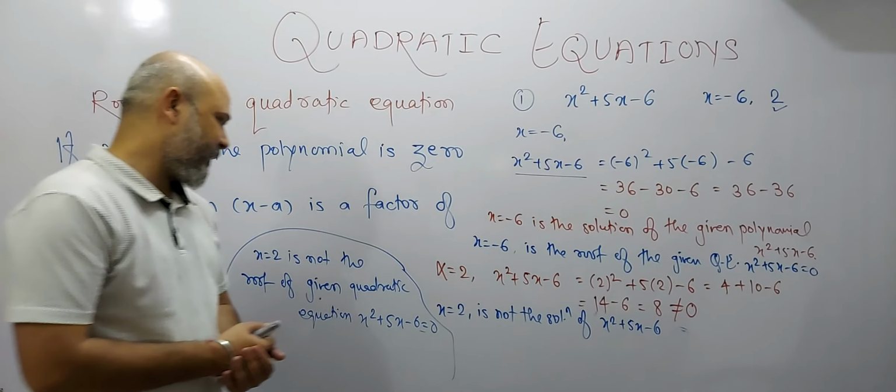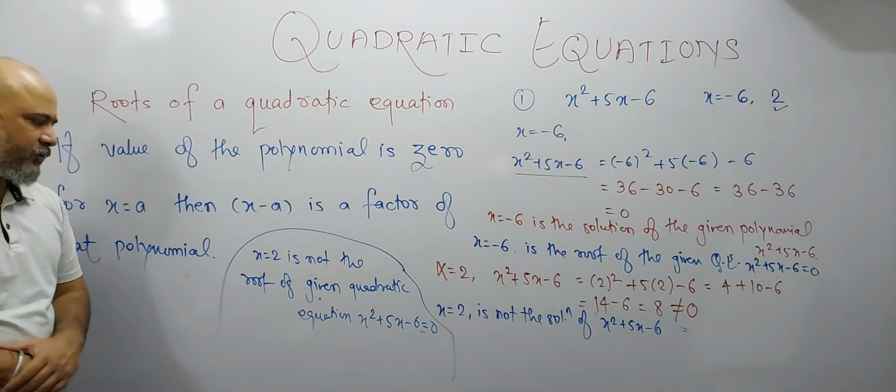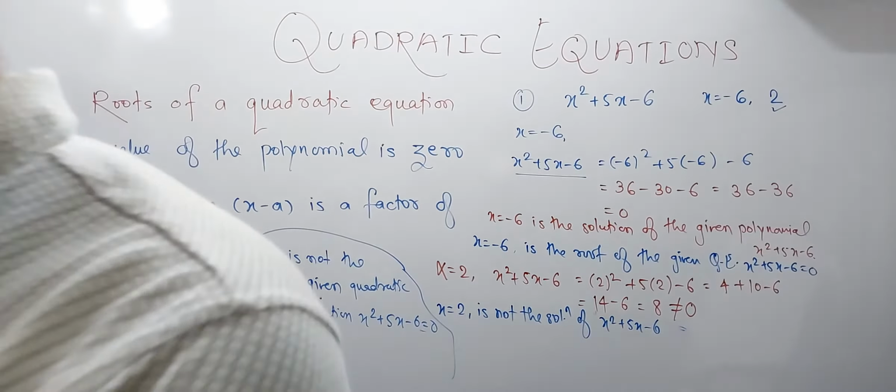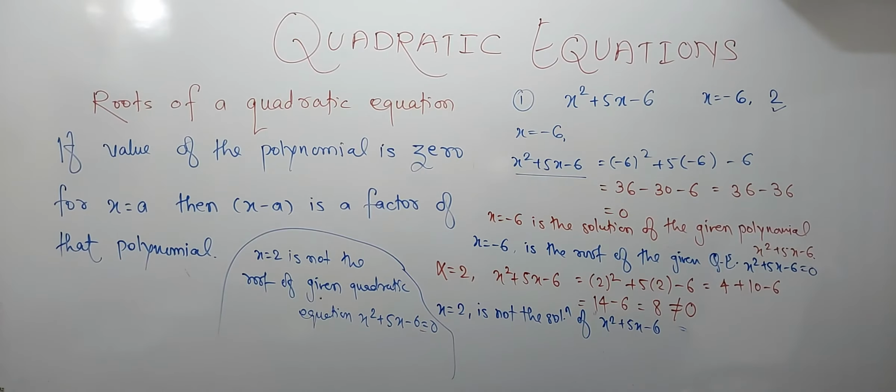Therefore we can say that x is equal to 2 is not the root of the given quadratic equation x square plus 5x minus 6 is equal to 0. Okay, so if any value is the root of a quadratic equation, it means that you will get left hand side and right hand side equal. LHS equal to RHS.